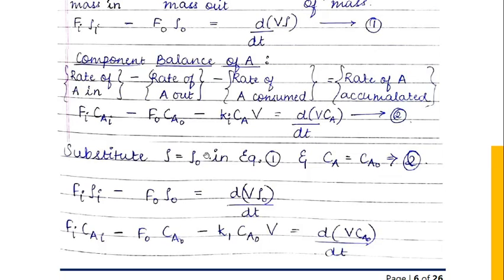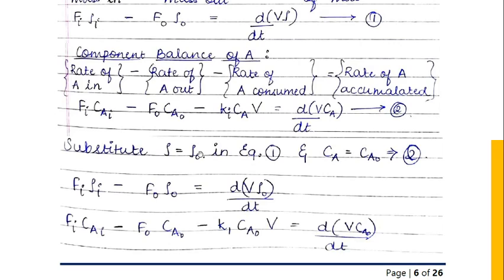Let us do some analysis and simplify these two equations. Let me consider that there is uniform mixing. Assuming uniform mixing, the density or the concentration of the stream inside the container will be the same as its exit value.